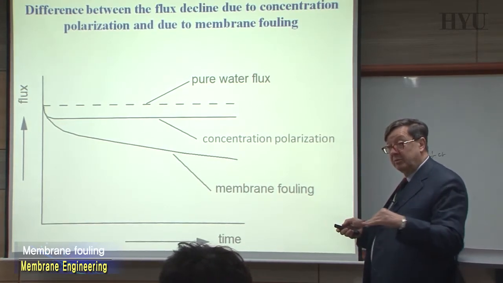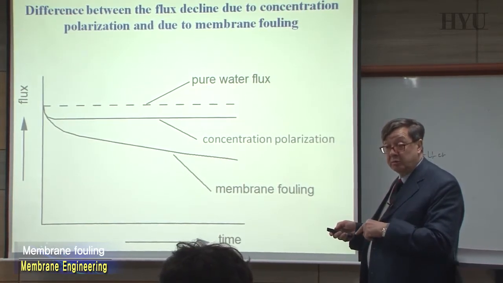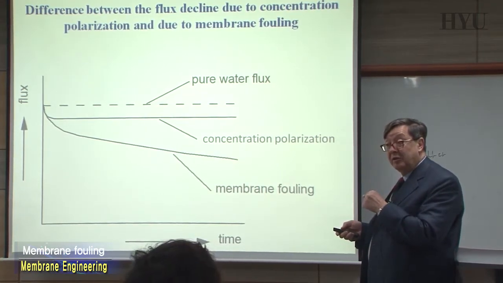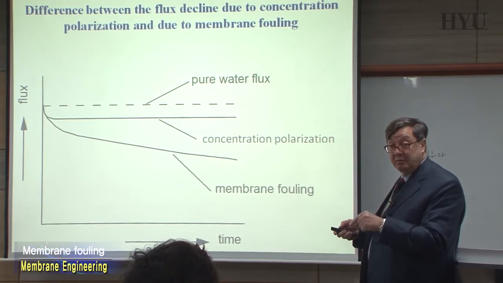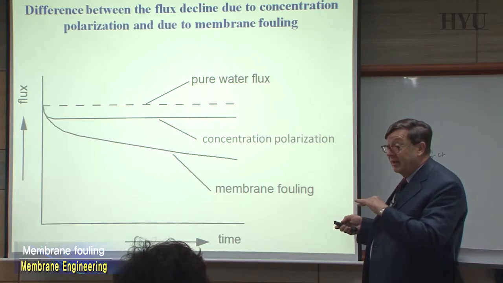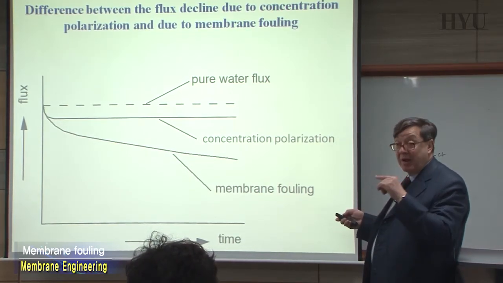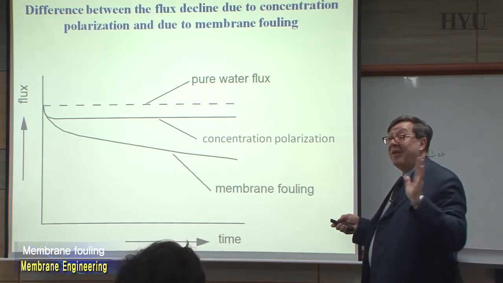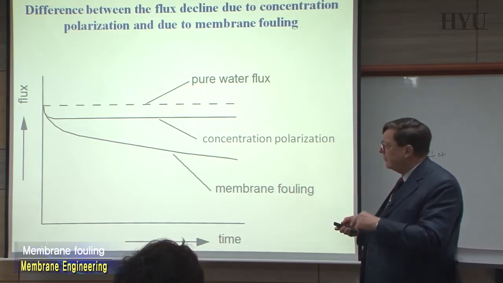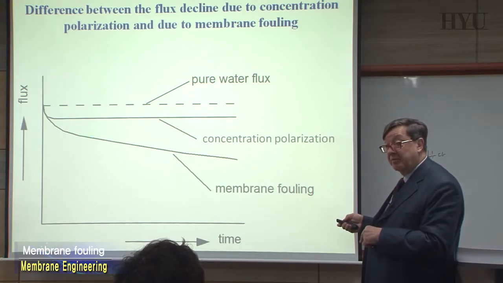You can have the growing in some concentration profile in the solution, with the consequence that you are increasing the concentration at the membrane solution interface, and that means you can, if you don't avoid this increasing concentration and you work with constant applied pressure, you can decrease the effective driving force, delta P minus delta pi, and so you can have this kind of a phenomenon, a little bit decline in the transmembrane flux.